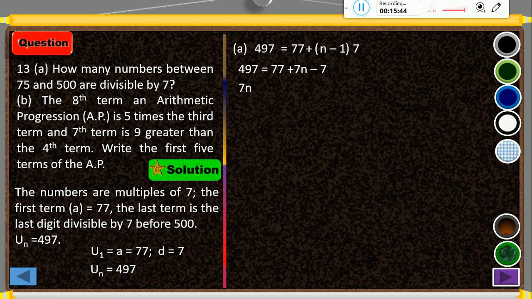On further simplification, 7n is equal to 497 minus 77 plus 7. That is 7n is equal to 427. Dividing both sides by 7, n is equal to 61.